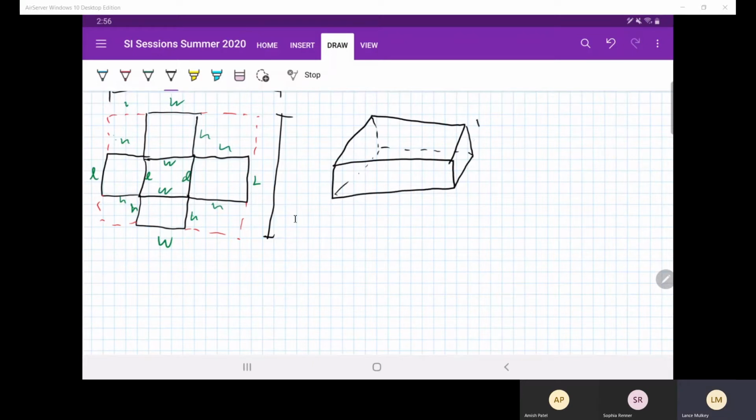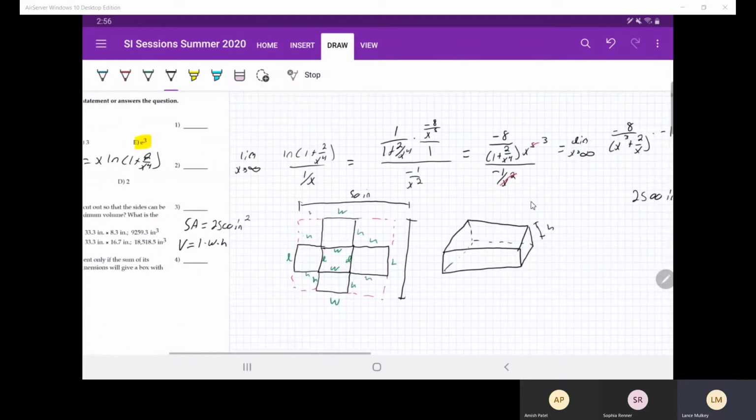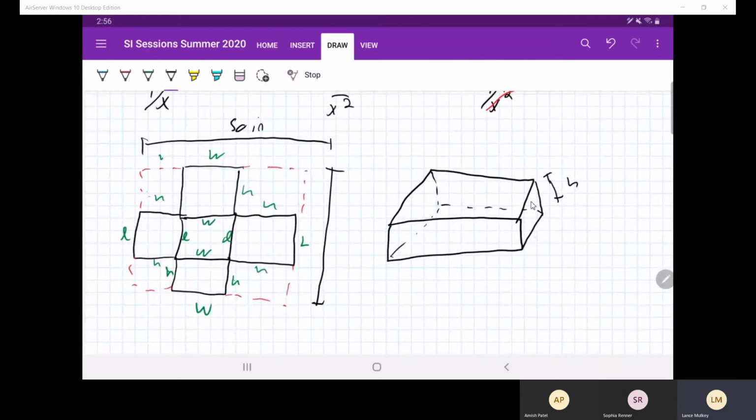So now you have the height h, and then it said the corners cut out, right? Yeah, so I started looking at it. It said the corners cut out, but we didn't say they were exact length, but they'd have to be the exact length. Then we have width and length.